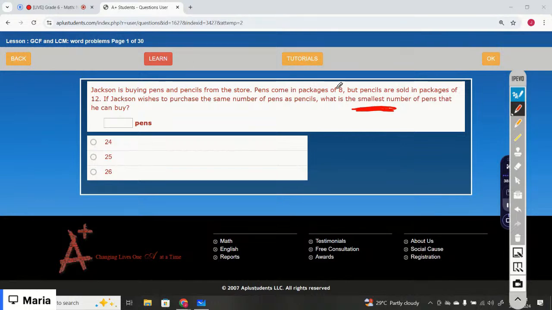So you write down the multiples of 8 and 12. The multiples of 8 are 8, 16, 24, 32.